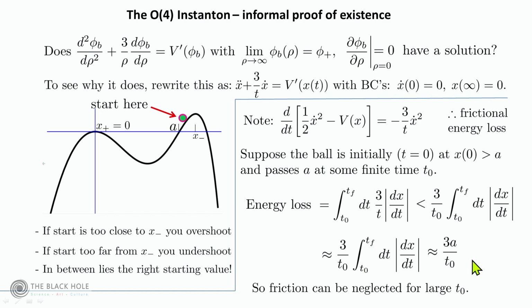If this absolute sign was not there, this would just be, from the fundamental theorem of calculus, what's over here minus what's over here. So x at the position tf minus x at the position t naught, which is a.